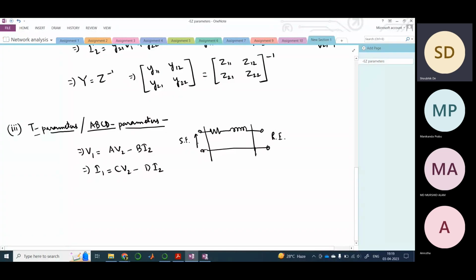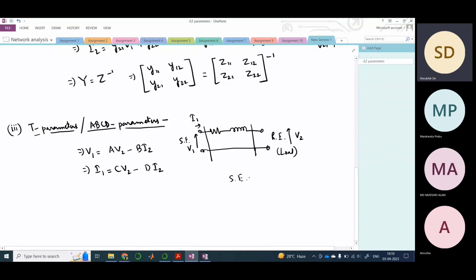Here we have a voltage V1, and here a current I1 is flowing, and here there is a voltage V2. In a transmission line, the receiving end basically means the load, any household load or hospital or industry which is consuming the power generated by the sending end.